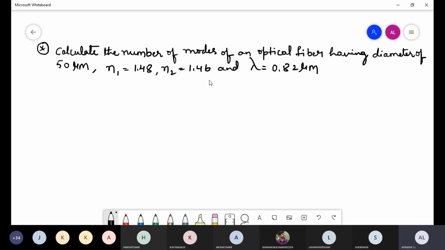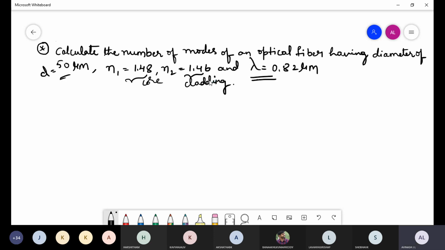So calculate the number of modes of an optical fiber having a diameter of 50 micrometer, N1 equal to 1.48 and N2 equal to 1.46. That means this is core, and here it is cladding, and this is the wavelength lambda, and diameter D is equal to 50 micrometers.